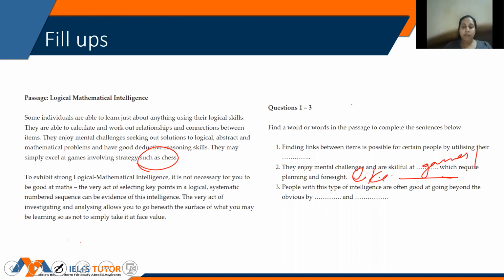Or if they had written, for instance, or dash require skillfulness, or particularly dash require planning and foresight, but particularly chess. So you need to be careful with the words. Clear? Yes, ma'am.